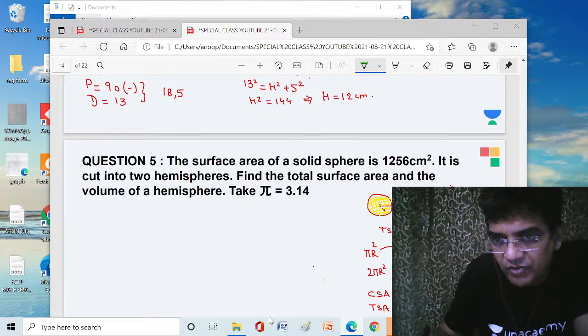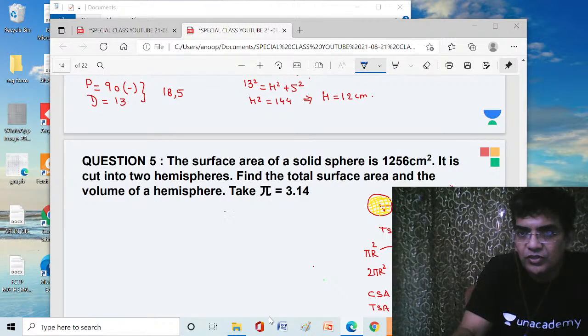They say the surface area of a solid sphere. So they have given you the surface area of a sphere.